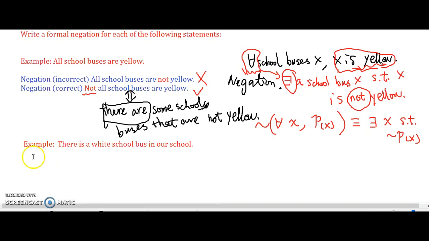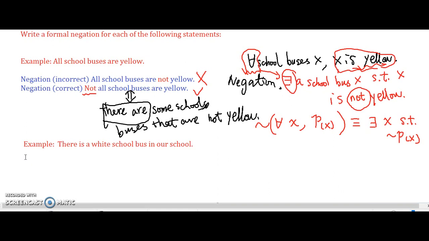Usually to avoid the confusion, we would say every single one is not white. So the negation would be there is not a white school bus in our school. Or you can say there are no white school buses in our school. In other words, none of the school buses are white.